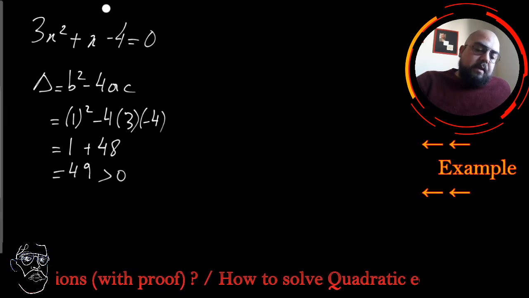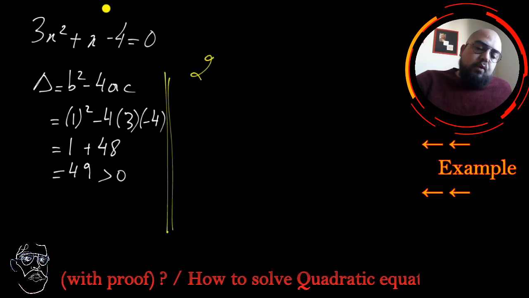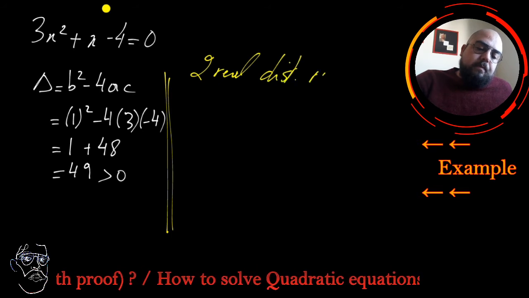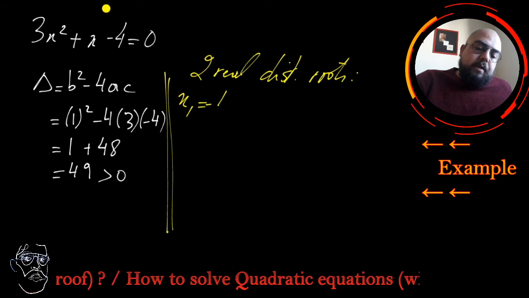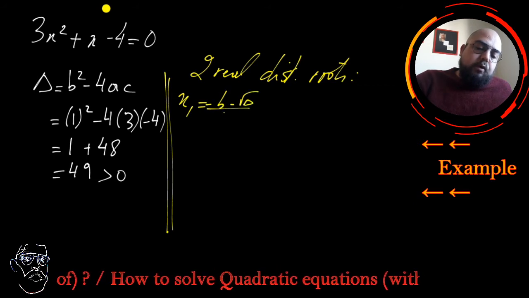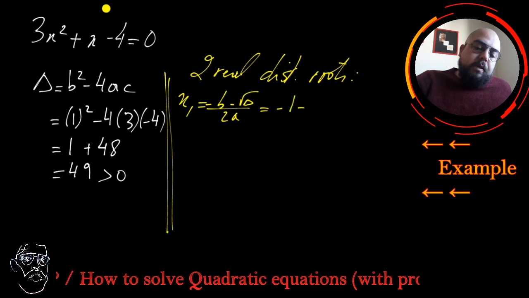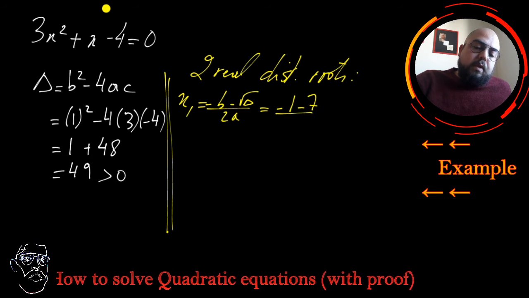So since delta is positive, I can say I have two real distinct roots, such that x1 is equal to minus b minus square root of delta over 2a. So it will be equal to minus 1 minus square root of 49, which is 7, over 2a, it's 6.